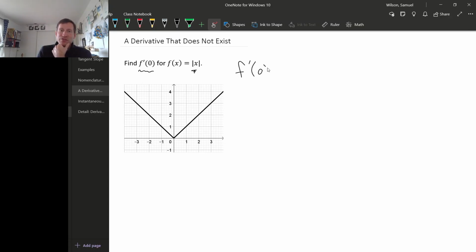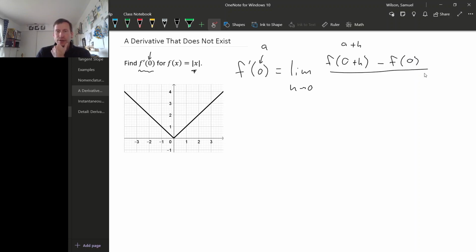So f prime of 0, that would be the limit as h goes to 0 of f of 0 plus h. Remember this 0 right here, that's playing the role of a. So we have a plus h here, so it's 0 plus h, minus f of a, which is 0, over h.